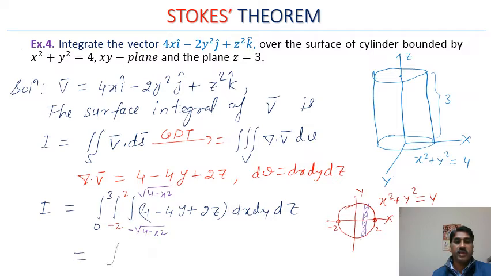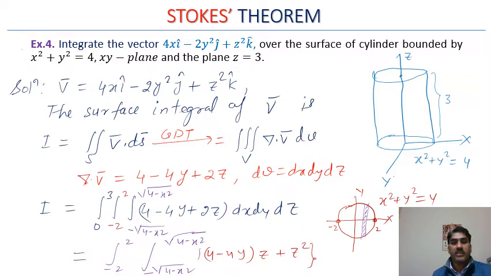So we get -2 to 2, and limits of minus square root of 4 minus x square to square root of 4 minus x square for y, and integrate z. So we have 4 minus 4y into z plus z square, and apply the limits 0 to 3, and we will have dx dy.